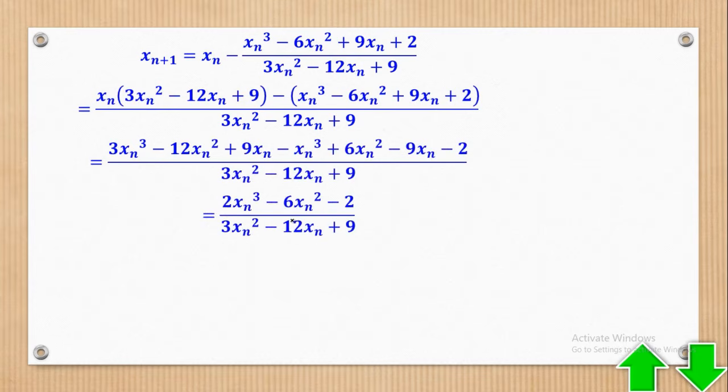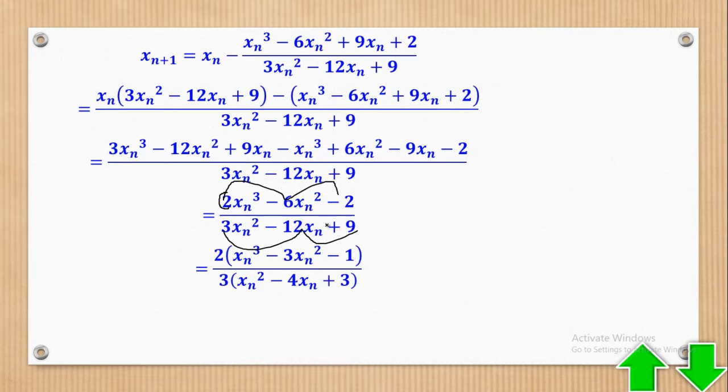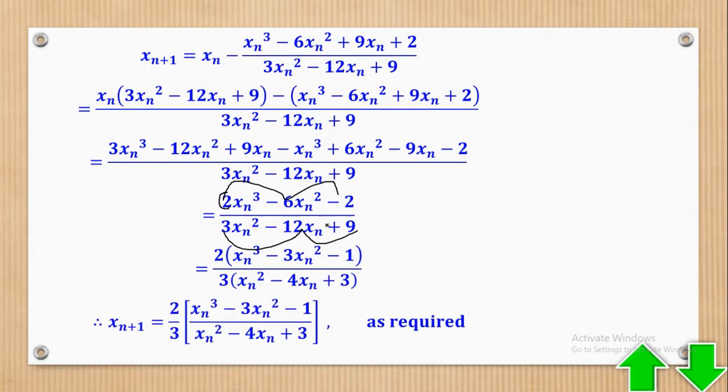Then I remember that in my required expression they want me to factorize out 2 and 3. So 2 is common in this numerator and 3 is common in this denominator. So when I factorize them out I'll come up with that. Next is to quote the formula as it was given, and basically that's what is required.